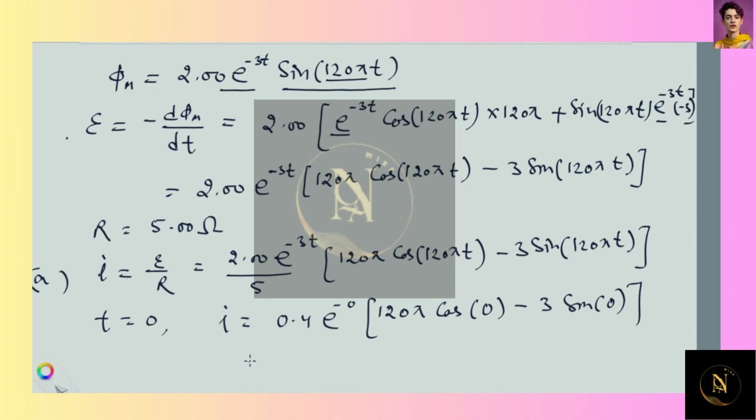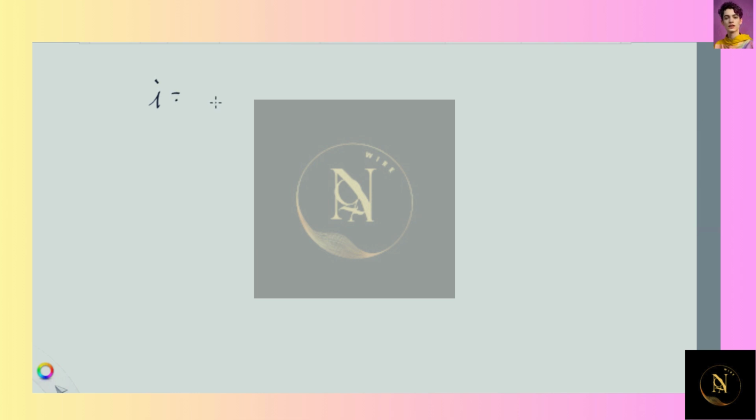So we get 0.4 for e raised to the power minus 0, this is 1, and this is 120 pi into 1 ampere. So when we calculate all these values, the current at time 0 comes out to be minus 150.7 milliampere. This is the value of current in the first case.